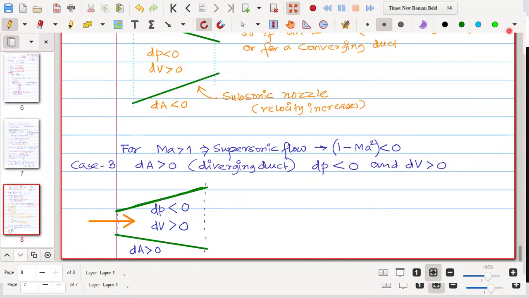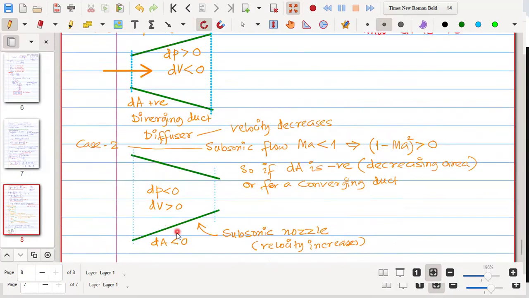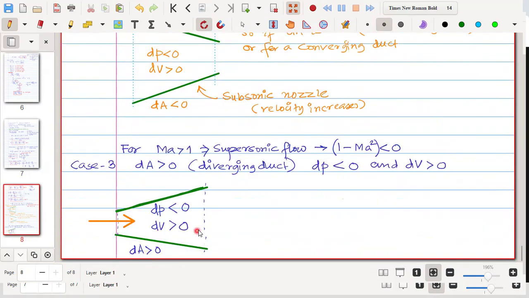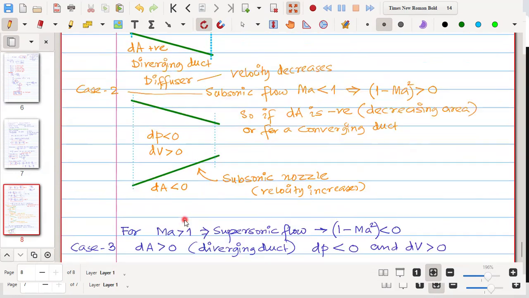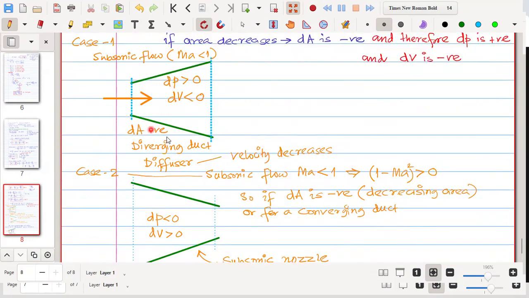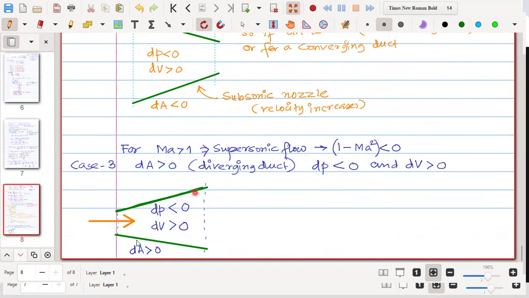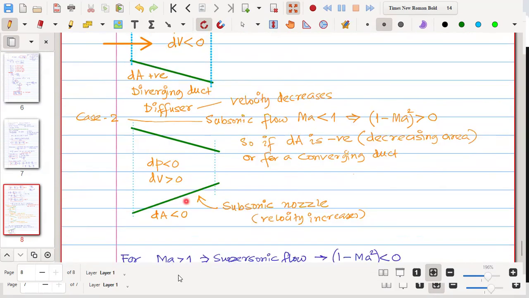Please follow properly. If velocity increases, we call it a nozzle. Here velocity is increasing, so we will call it a nozzle, not a diffuser. Clear or not? Although geometrically they are the same, here it is subsonic and there it is supersonic.